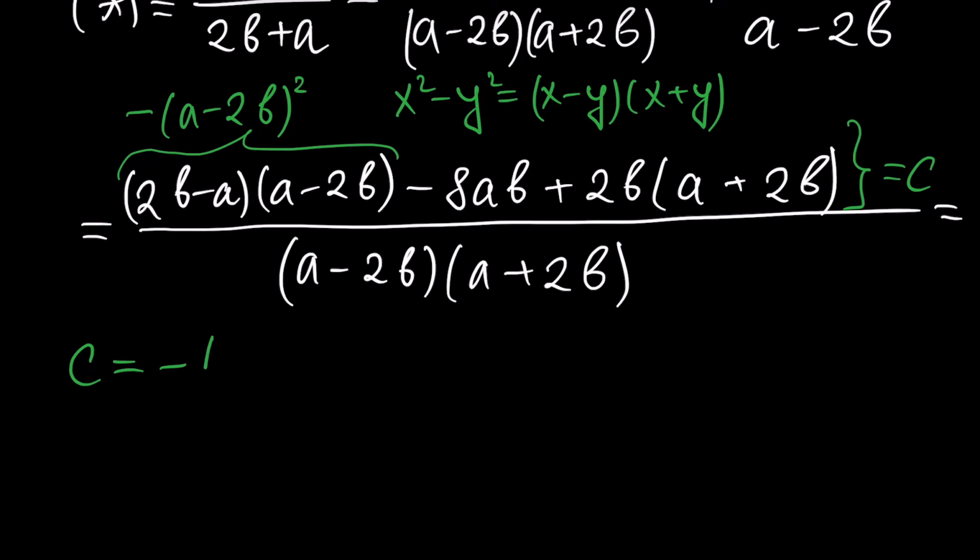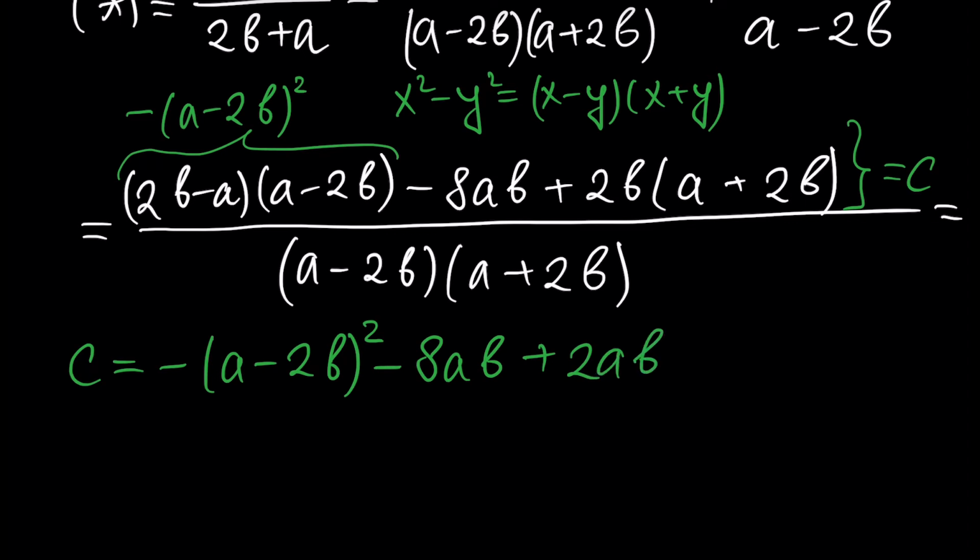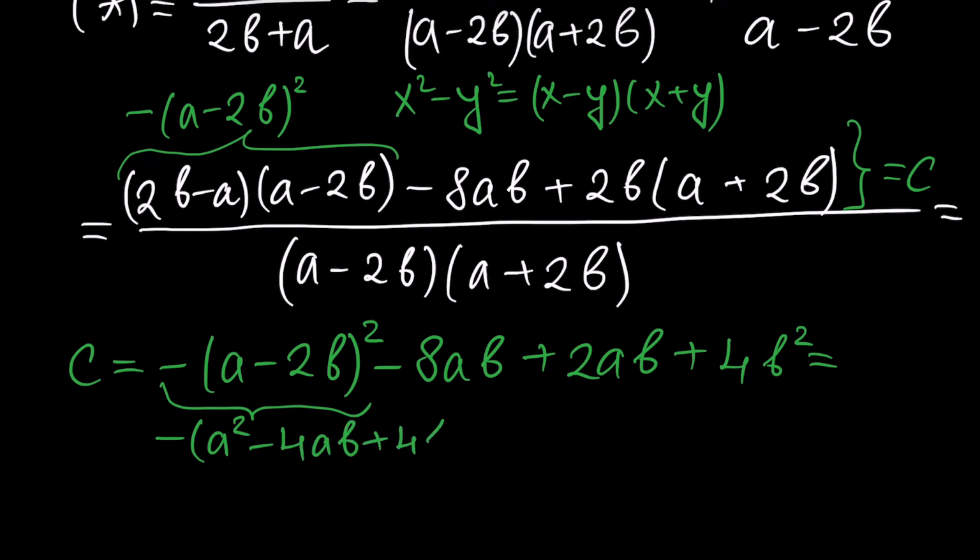If we rewrite, it will be minus (a minus 2b) squared minus 8ab plus 2ab plus 4b squared. Here, this is equal to minus a squared minus 4ab plus 4b squared. And of course, these two terms, minus 8ab plus 2ab, will give us minus 6ab.